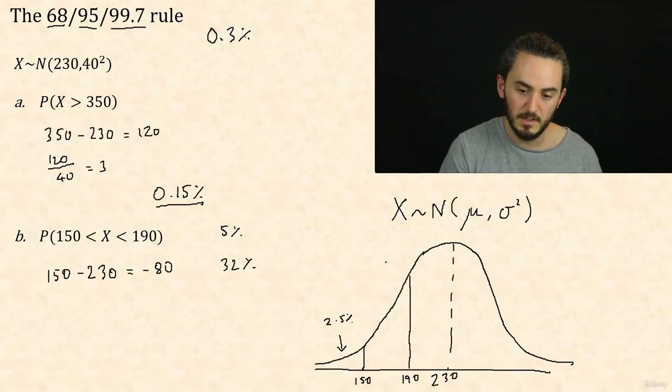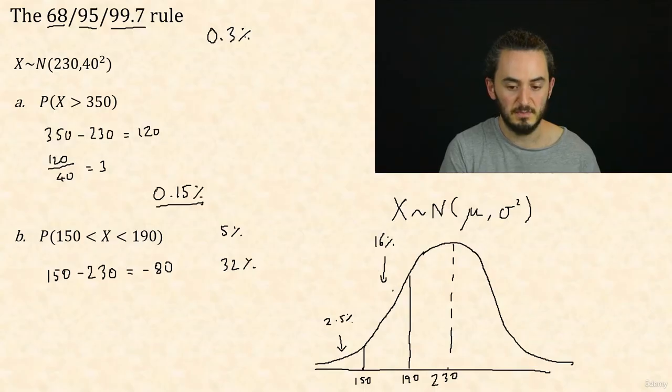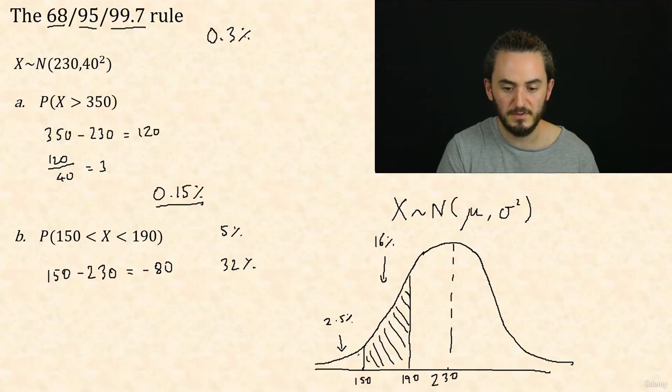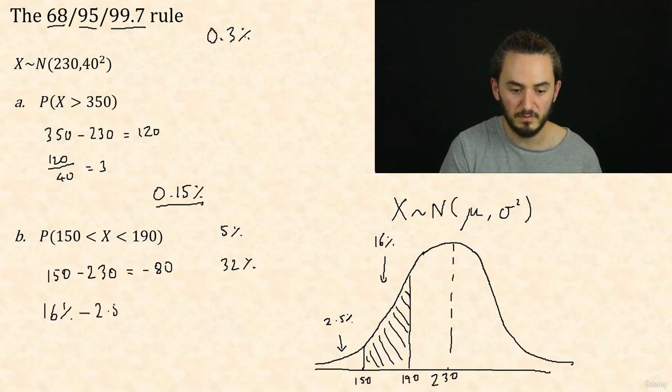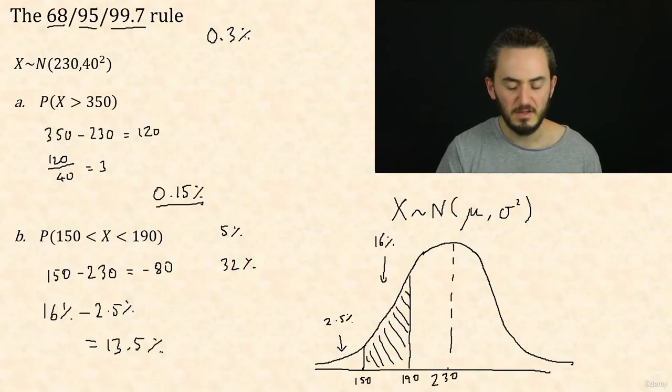So I know that this whole region here is 32% divided by 2, which is 16%, but that's all of this. So this bit here, the bit between 150 and 190, must be 16% minus 2.5%, which is 13.5%.